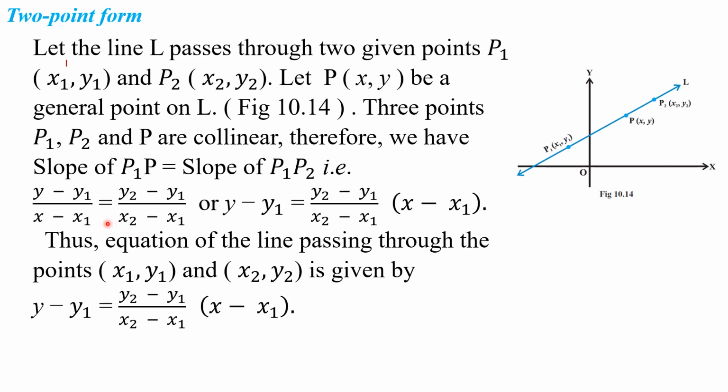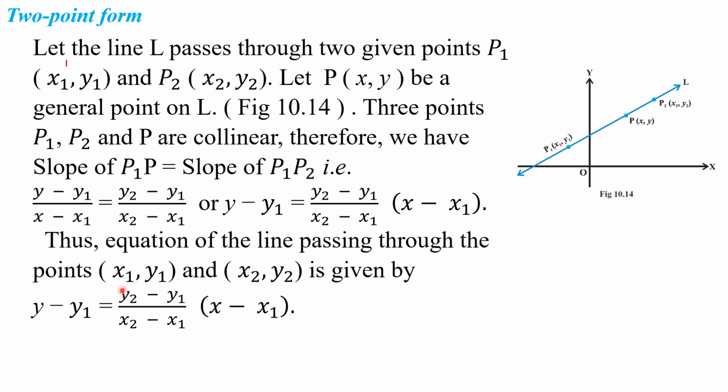By transposing this denominator to RHS, we get this step. Understood this statement, children? Thus, the equation of the line passing through the points ordered pair x1 comma y1 and ordered pair x2 comma y2 is given by y minus y1 is equal to y2 minus y1 by x2 minus x1 into x minus x1. Understood this point, my children?